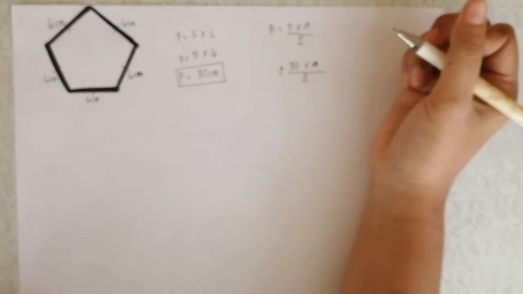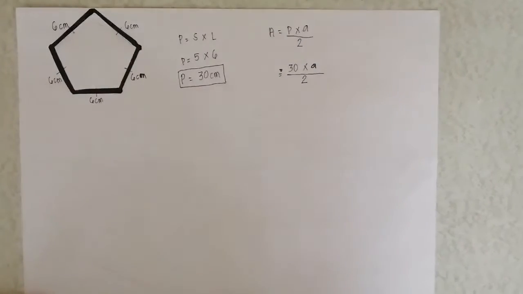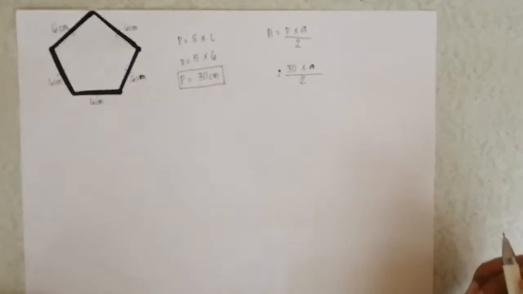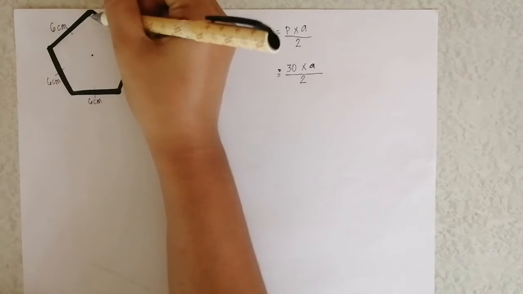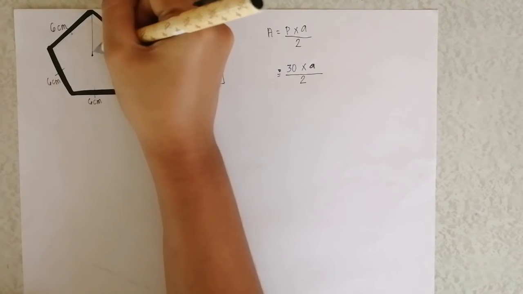To find the apothem, like others usually do, we split this pentagon into triangles from the center of the pentagon to its vertices.